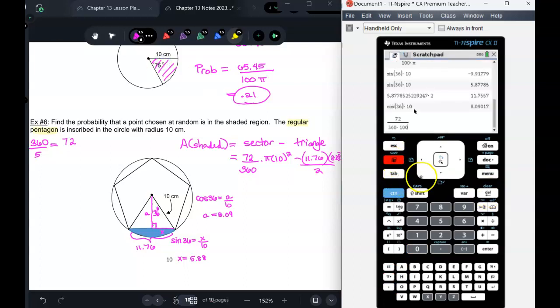It says times 8.09. I was just running out of room. Oopsie, pressed enter too quickly.